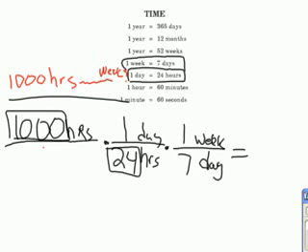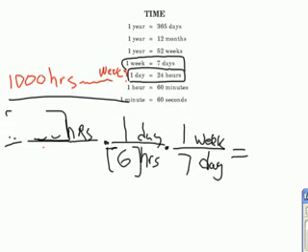Let's see, 1,000 divided by 2 is 500. So you can just change that to 500. And you can change this to 12. All right, well, I can go even further. 2 into 12 is 6. And 2 into 500 is 250.